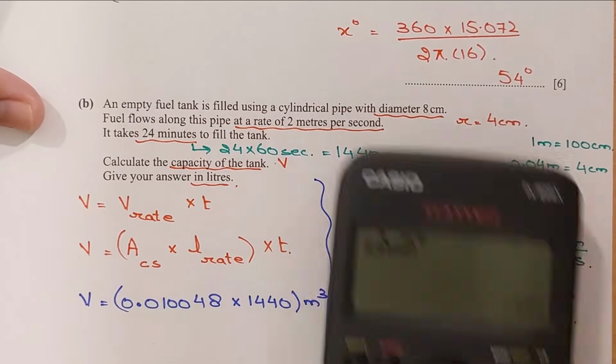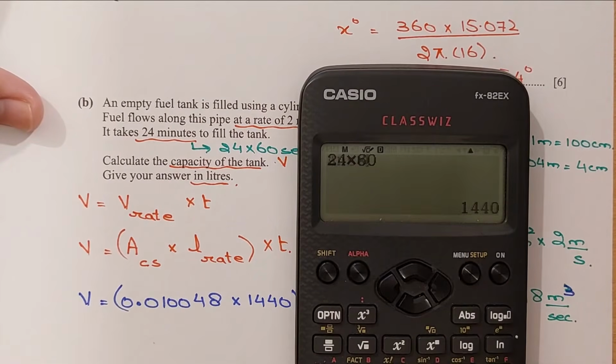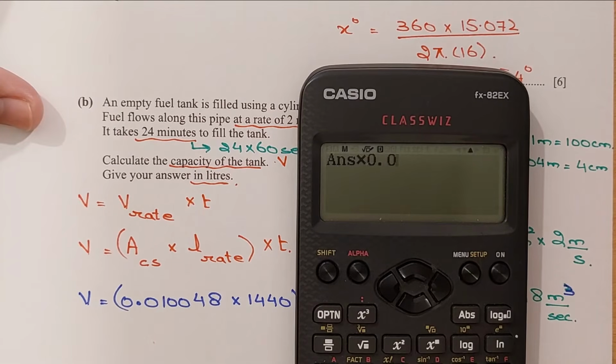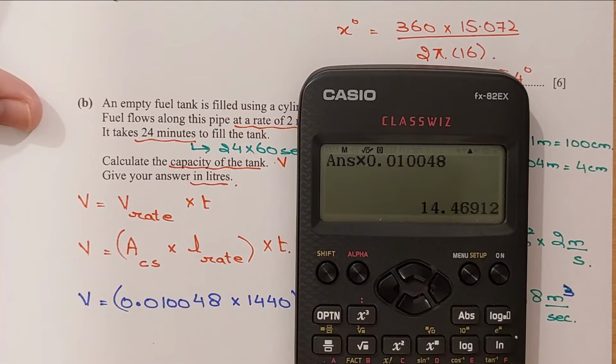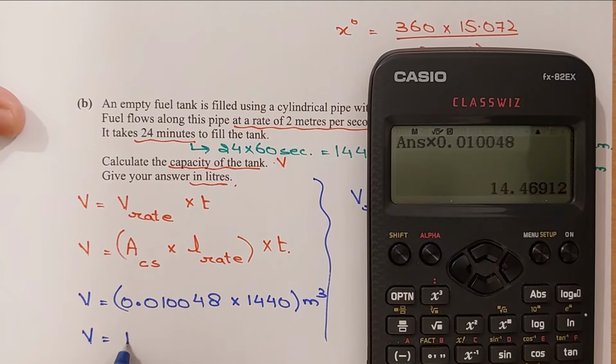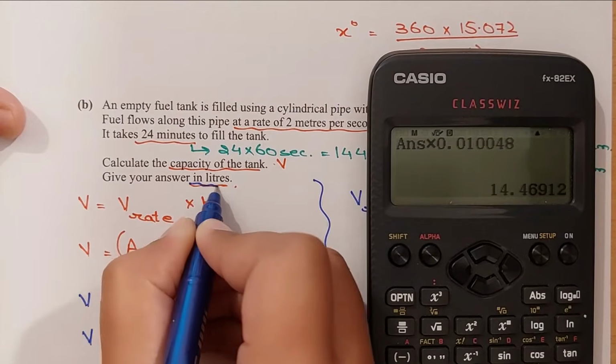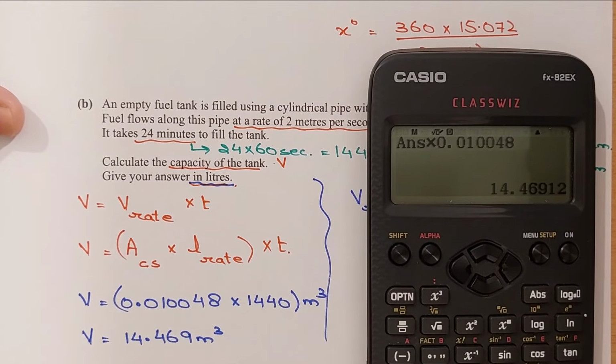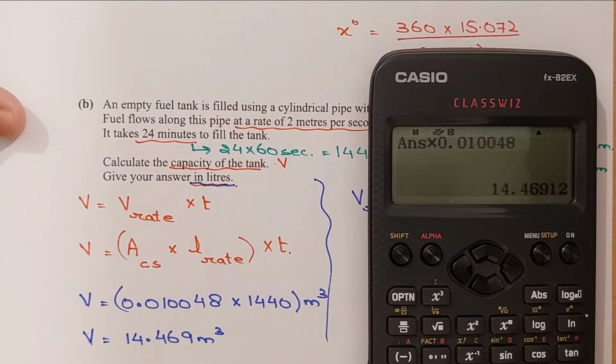Let me simplify. 1440 multiplied by 0.010048 equals 14.469. So the volume we got is 14.469 meter cube. But the question is, give your answer in liters. 1 meter cube has 1000 liters, right?